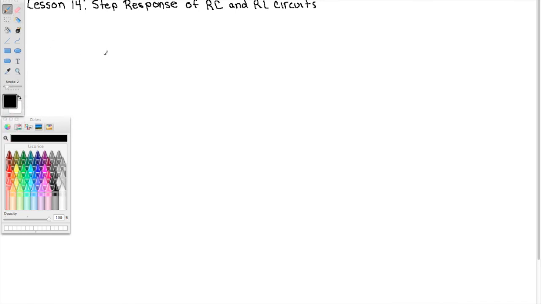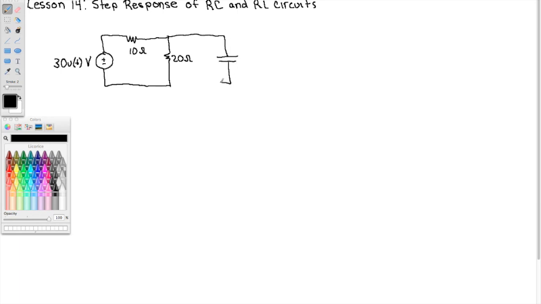So here we'll have a voltage source, and we'll say this is 30 u(t) volts, 10 ohms, 20 ohms, 1/4 farad.